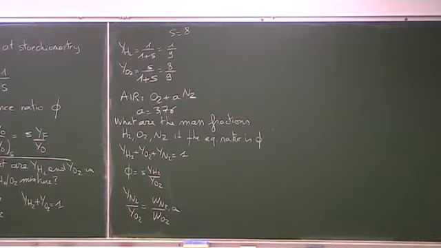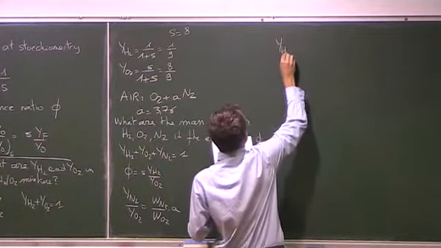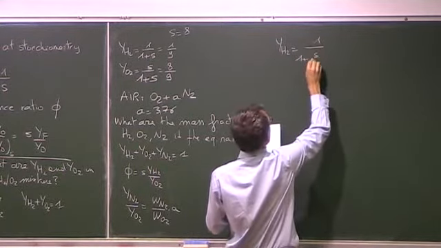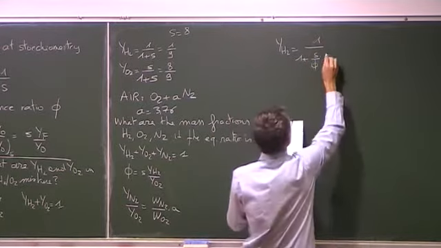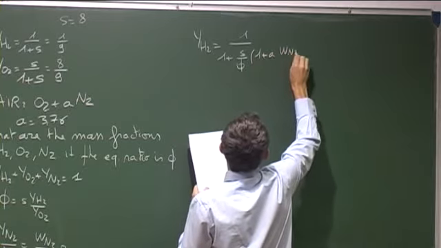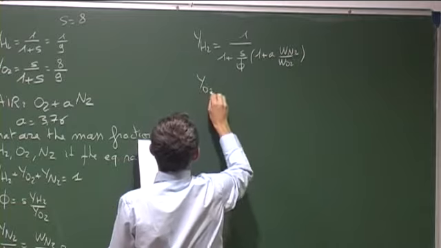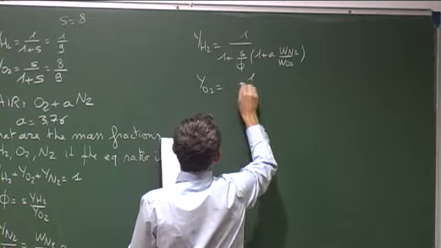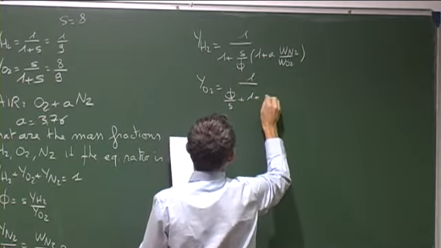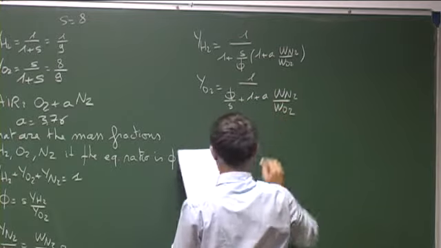You can solve that to find this solution. Y_H2 equal 1 over 1 plus S over phi multiplied by 1 plus A W_N2 divided by W_O2. And Y_O2 equal 1 over phi over S plus 1 plus A W_N2 divided by W_O2.